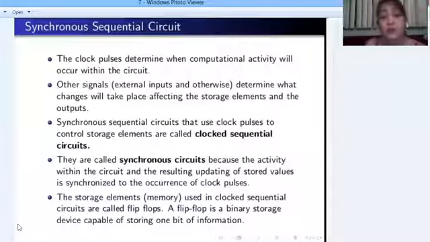Flip-flops are also gates, but a combination of gates resulting in a storage element. We will discuss them further in the lecture.